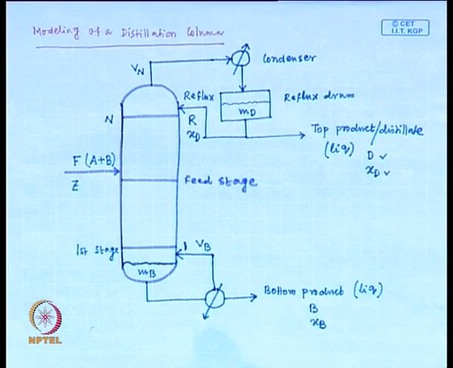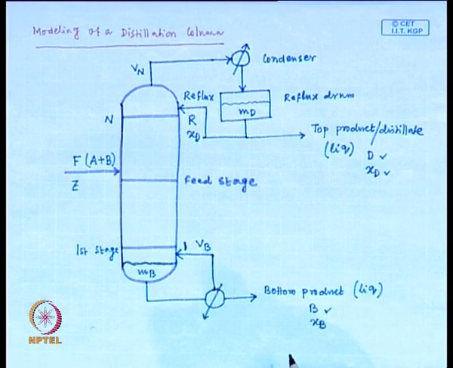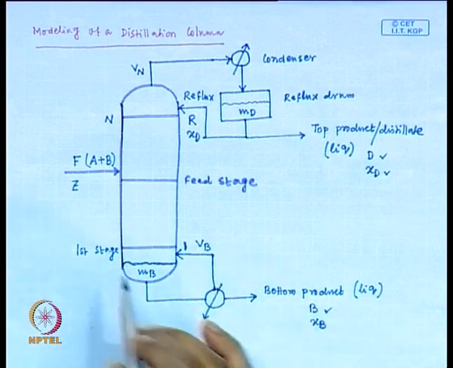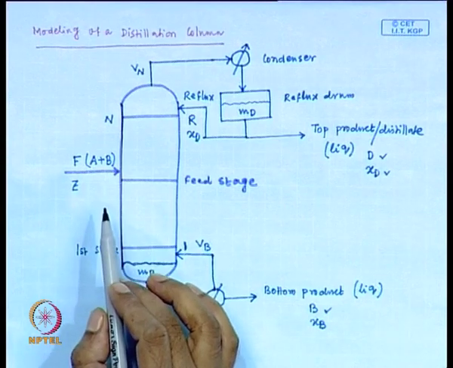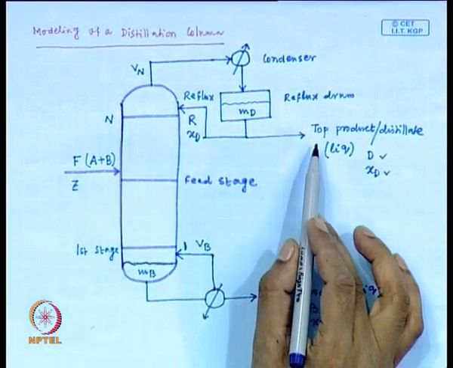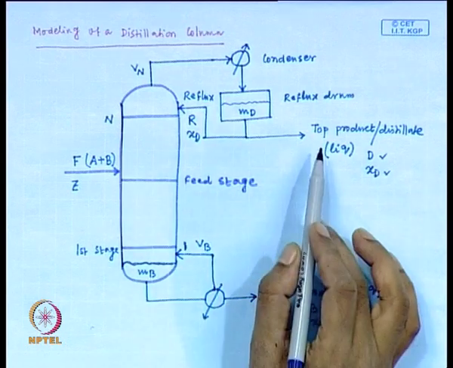The flow rate of this bottom product is suppose B and composition is XB. So, we are basically introducing to this column a single feed stream and we are getting two products, top product and bottom product.